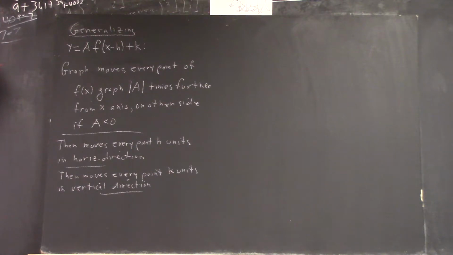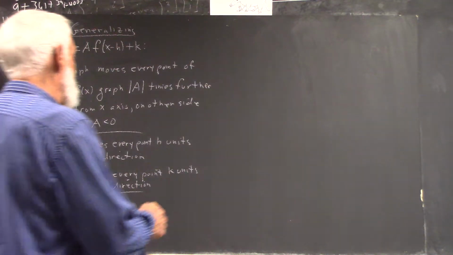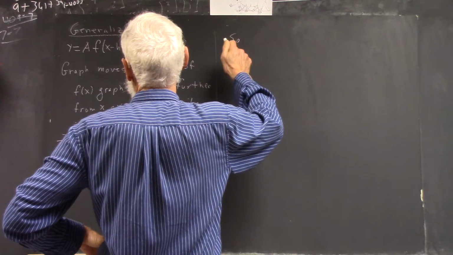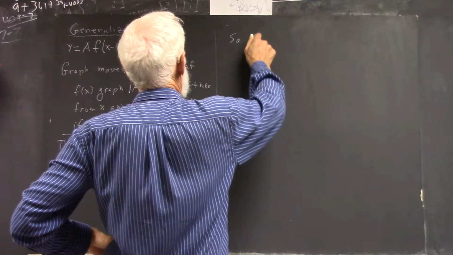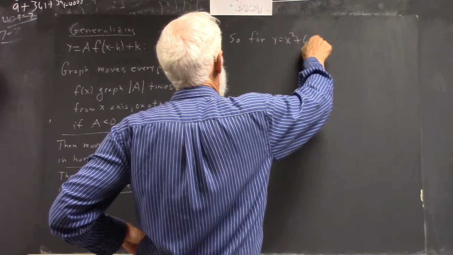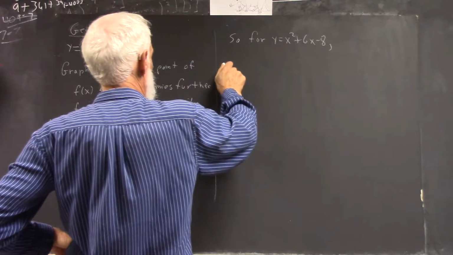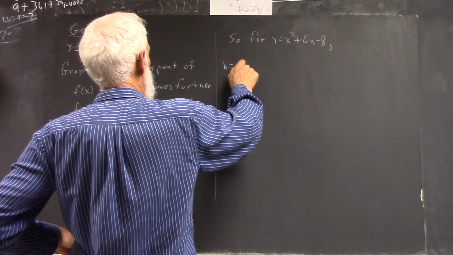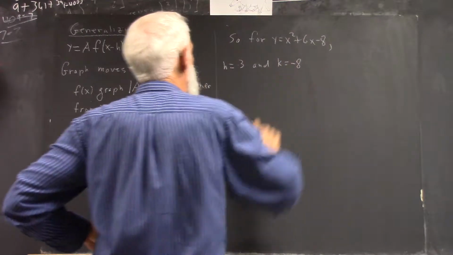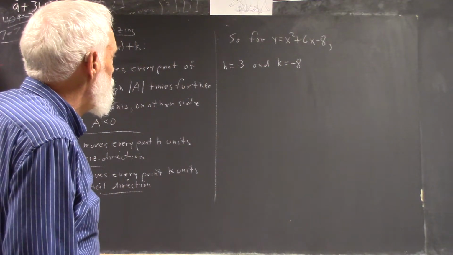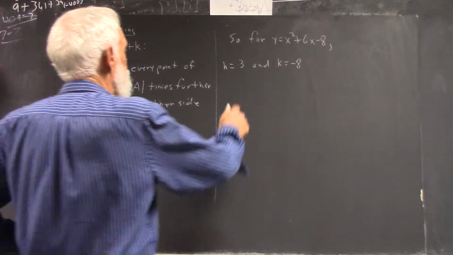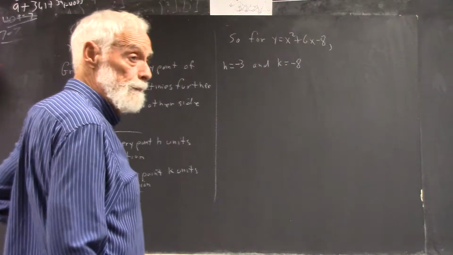So, okay, for this one, h is -3 and k is -8.